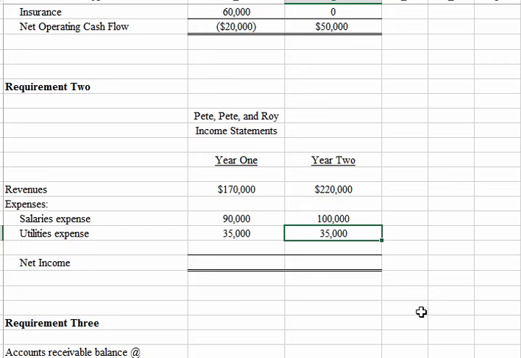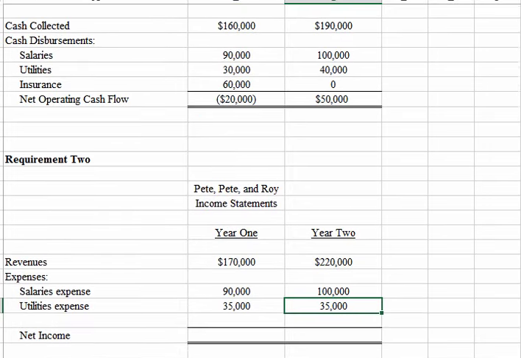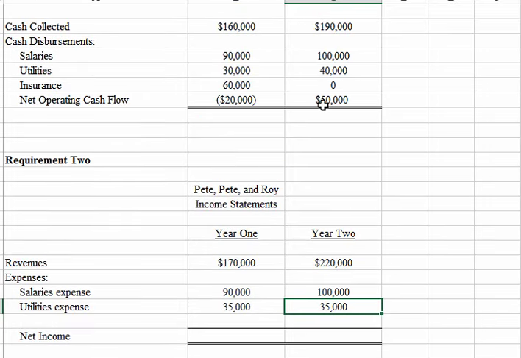So if the total expense for both years was $70,000, and the expense in year one was $35,000, then the expense in year two had to also be $35,000. Notice that's a difference in cash paid. The expense was $35,000 in each year. Cash paid though was $30,000 in year one, $40,000 in year two.